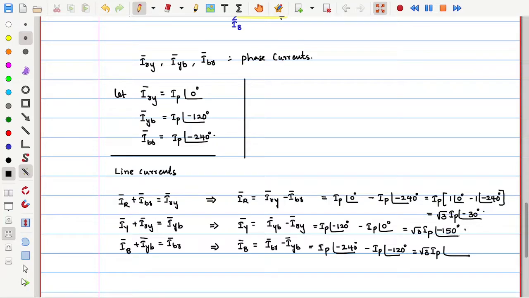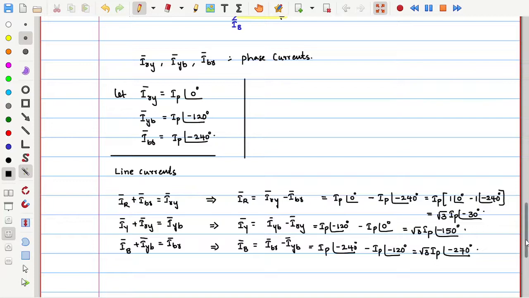How much will you get? Minus 270. Just check it. You should get minus 270, or plus some other equivalent value, which is also correct. So in this way we can find the phase current and line current relationship for a generator.